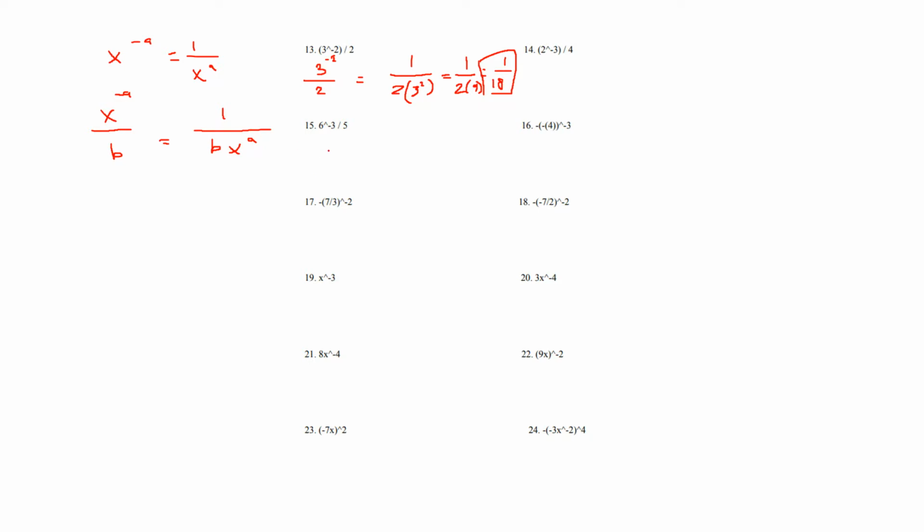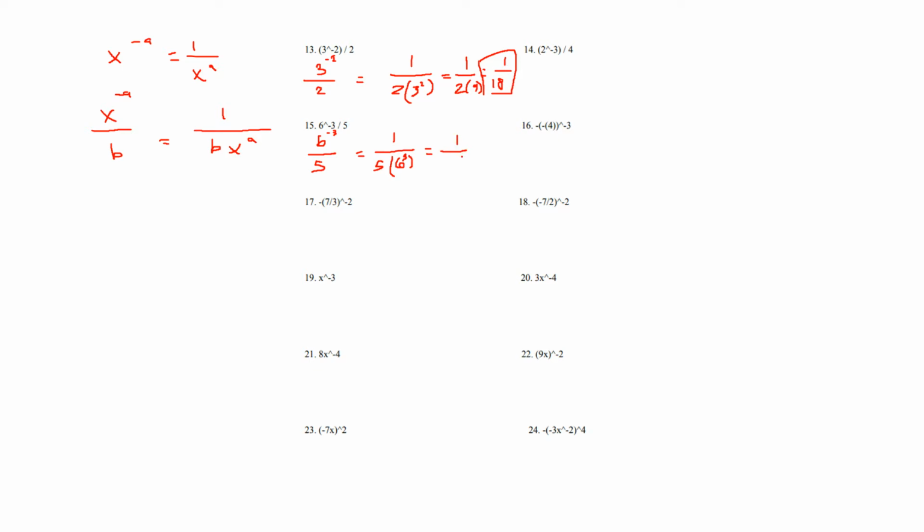Let's do number 15 right here. 6 to the power of negative 3 divided by 5. Same thing like number 13. But this basically is just 1 over 5 times this, 6 to the power of 3.